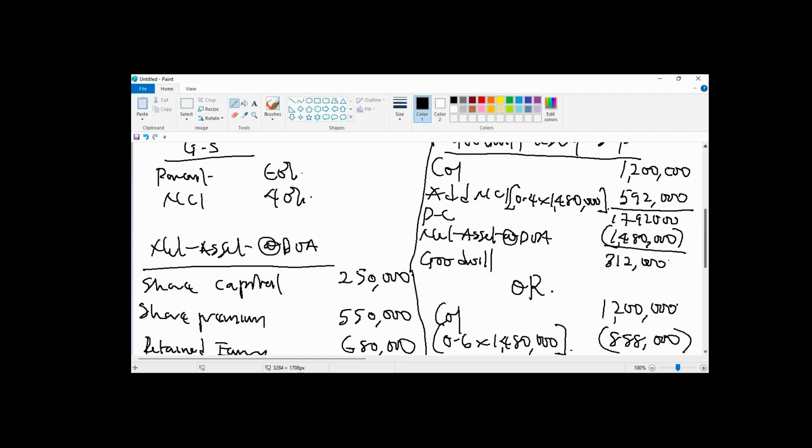But sometimes they also refer to cost of investment as purchase consideration. But normally, the addition of the cost of investment plus NCI will give me the purchase consideration. Yes, any issue?